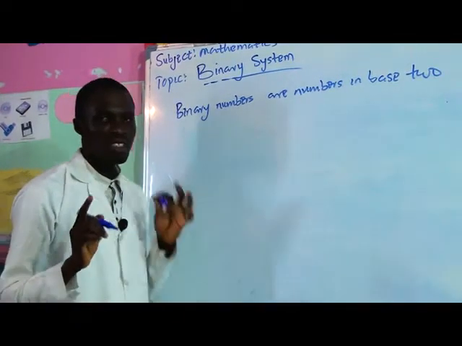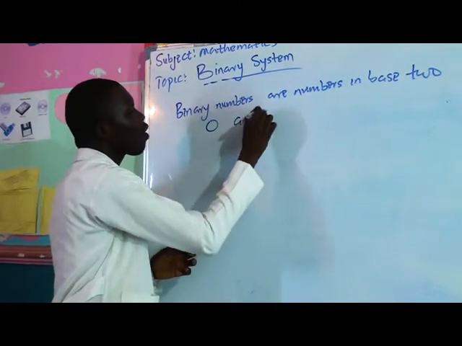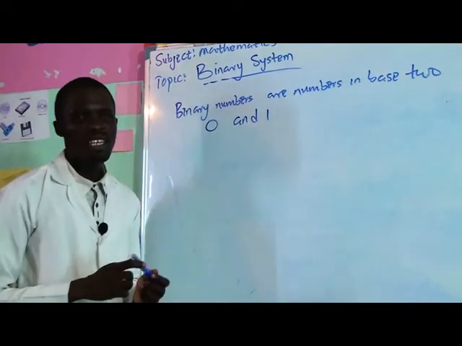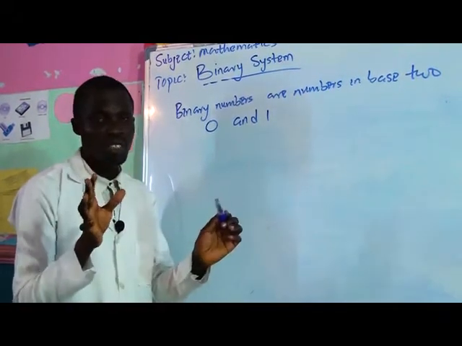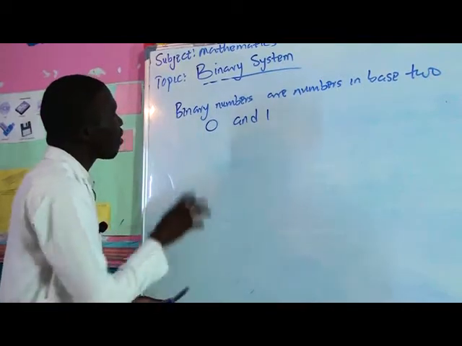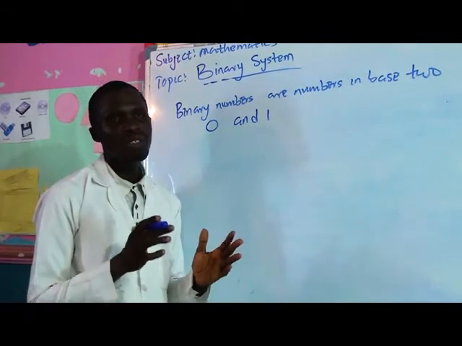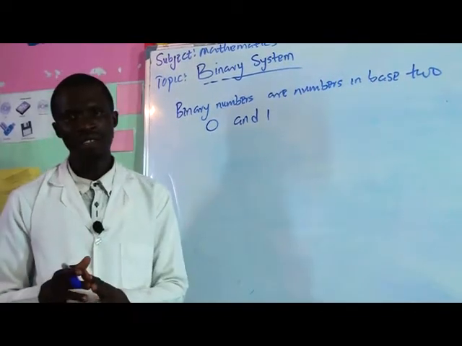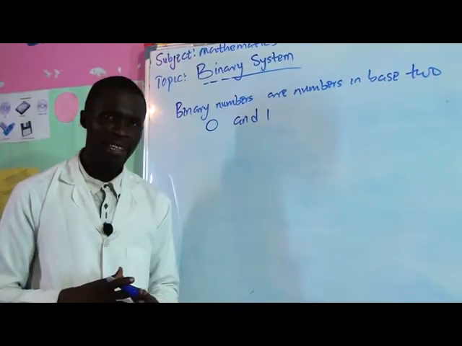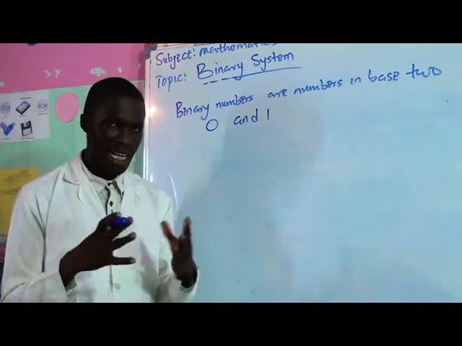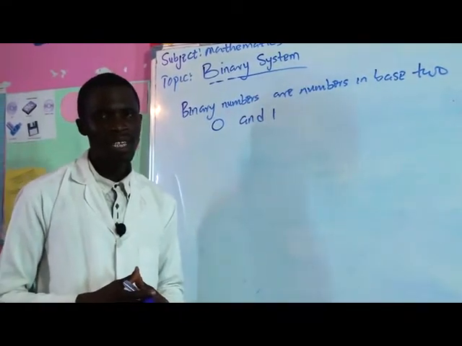In binary numbers, we only have 0 and 1, and sometimes we call it computer language, and that is the only language computer understand. Okay, now under this topic we are going to see how to convert from one base to another. We are also going to see how to add binary numbers together, how to subtract, and how to multiply, and also how to divide binary numbers.